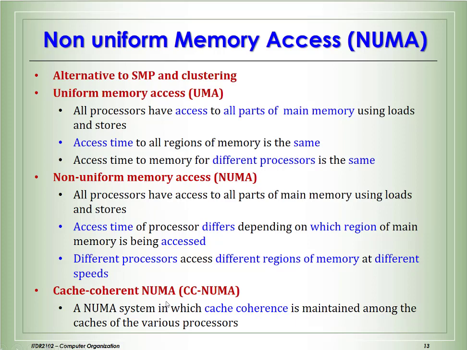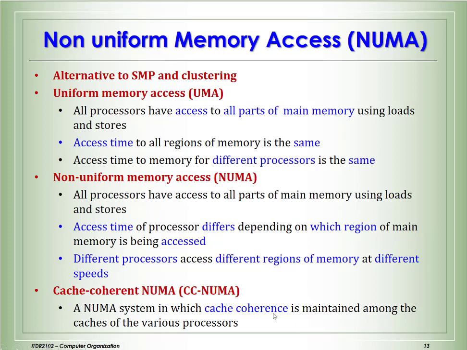Okay, and the third one is cache coherent NUMA, which is a system in which cache coherence is maintained among the caches of various processors, because there are multiple processors working. So each processor has its own cache memory, so cache coherence is required among the processors.